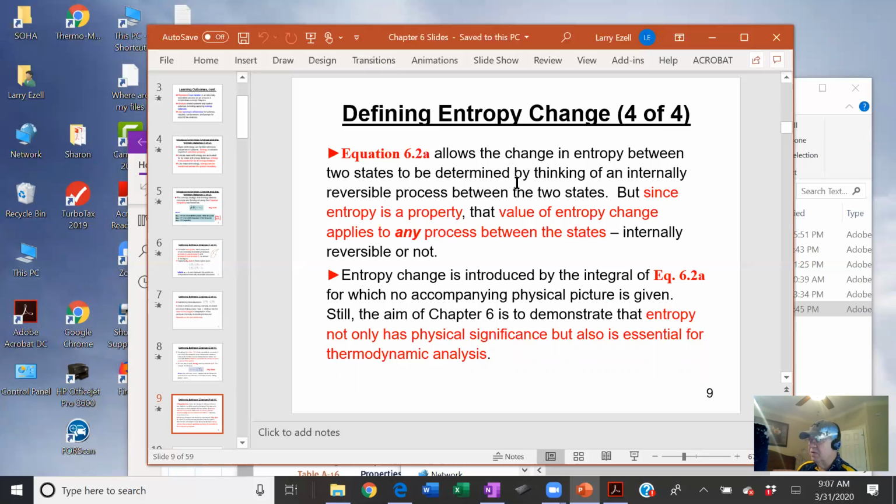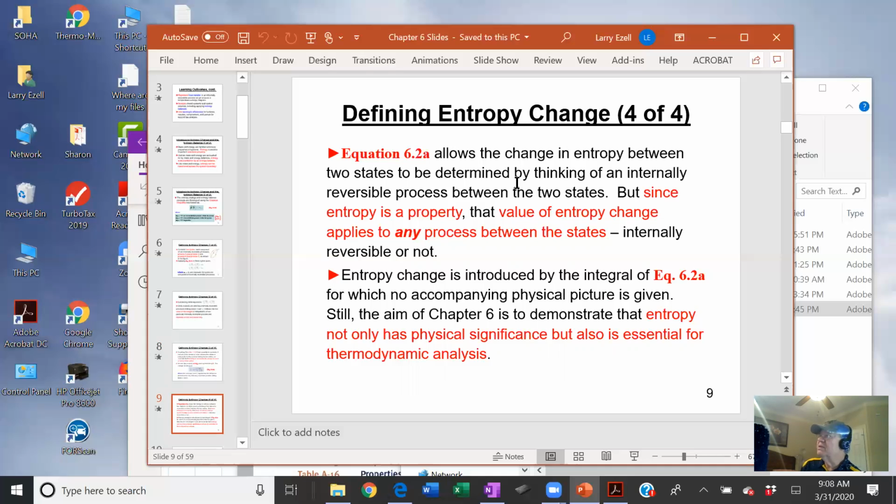In other words, internally reversible or irreversible, which all real world processes are irreversible. So that equation holds for irreversible everyday processes. The entropy change is introduced by the integral equation 6.2a, for which no accompanying physical picture is given.